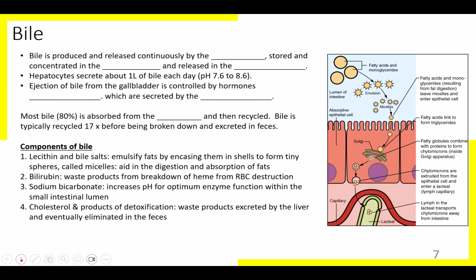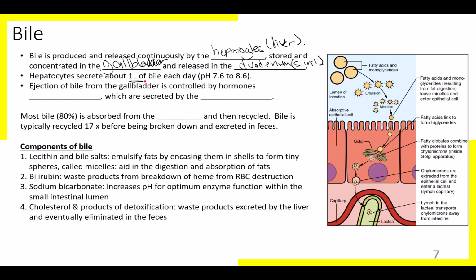Right? So bile is produced and released continuously by the hepatocytes of the liver, stored in the gallbladder, and then released into the duodenum, which is the first part of the small intestine.